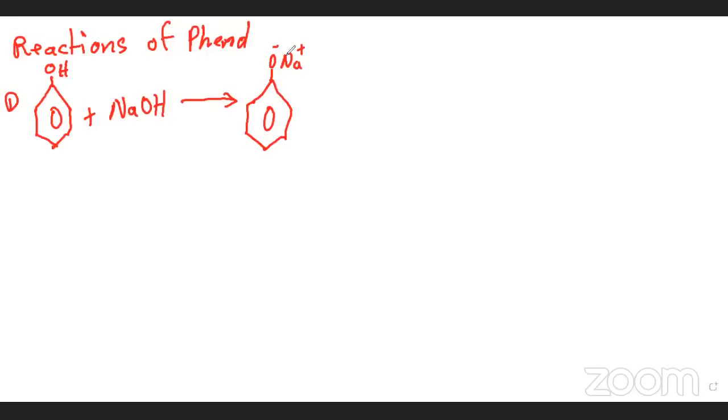For phenol, we're just interested in you knowing the reagent and the product. So once you react phenol with sodium hydroxide, you are going to get sodium phenoxide. That's how it is named. The only thing that happens is you replace the hydrogen with sodium. That's one reaction of phenol that you should know.